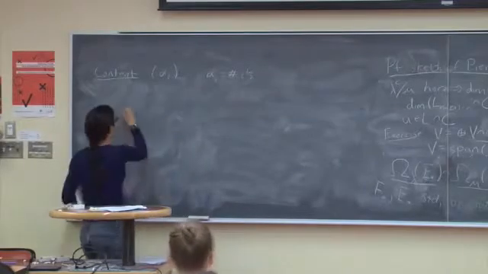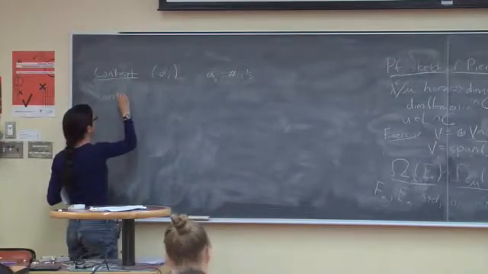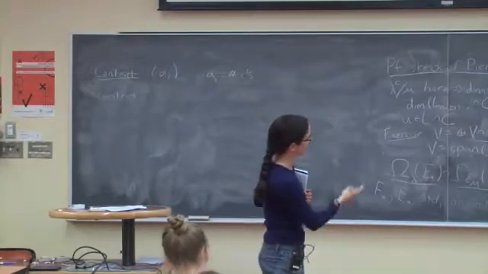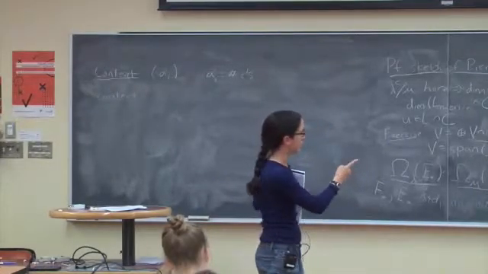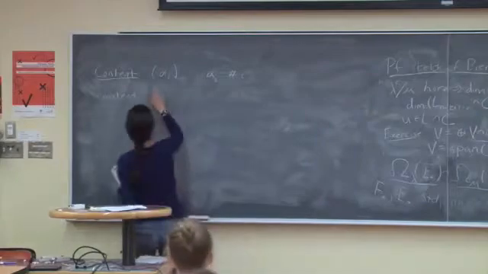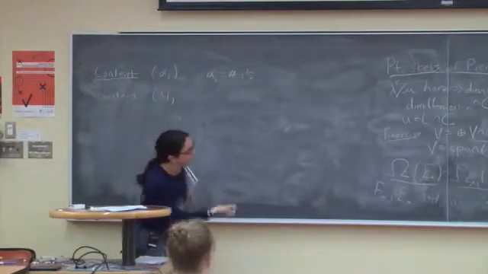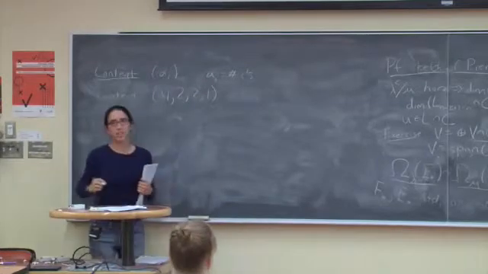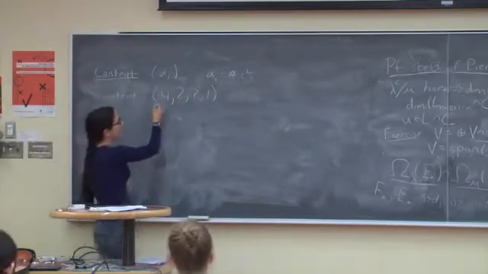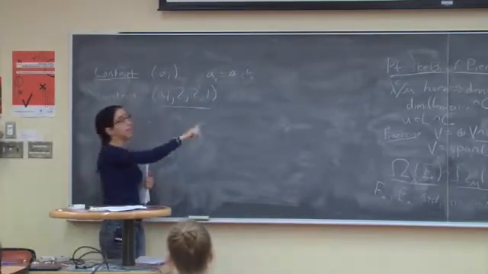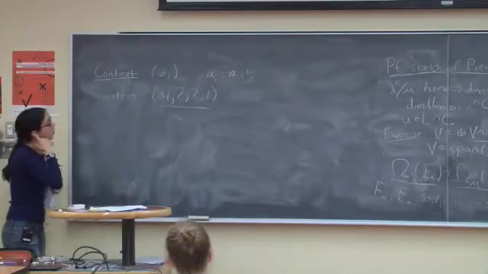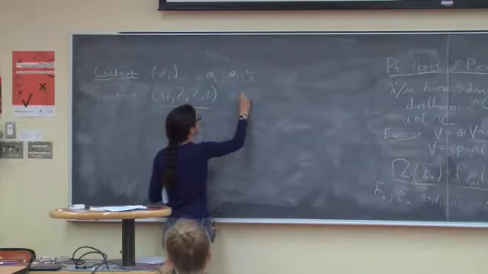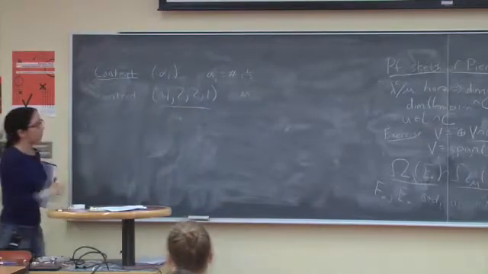For instance, the content of that tableau over there: how many ones are there? There are four 1s, two 2s, two 3s, and a 4. So the content is 4, 2, 2, 1. Notice that this has content that's actually a partition. It's decreasing, and that's something we're going to need too. So sometimes we call the content mu if it's a partition, instead of alpha.